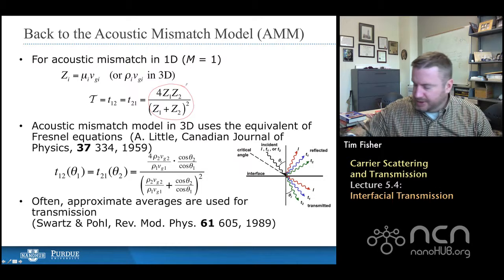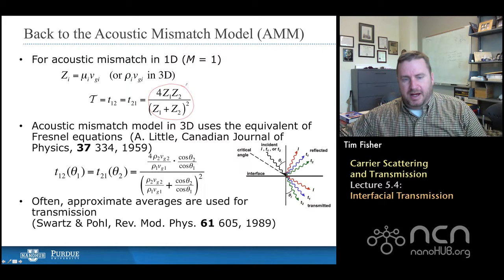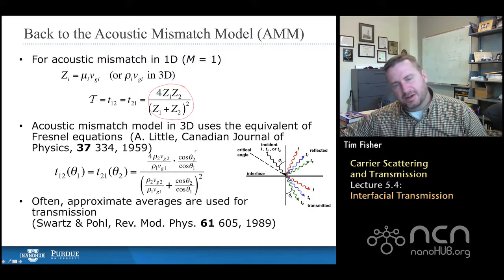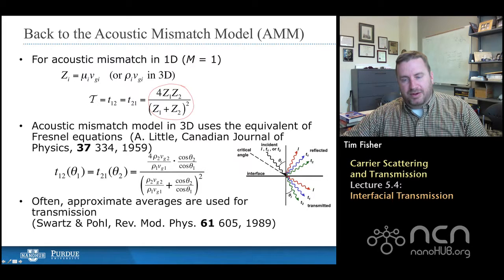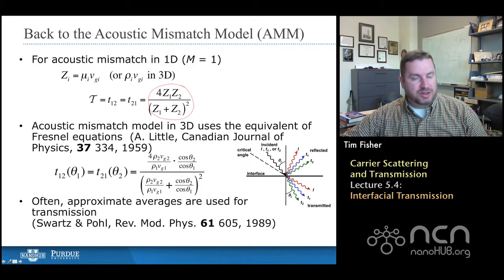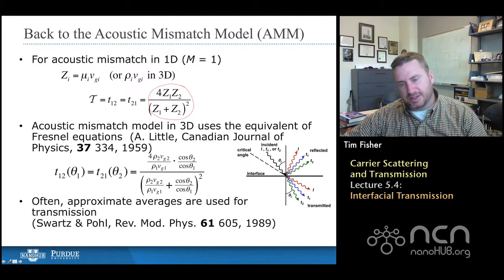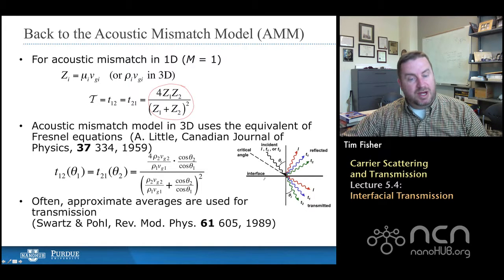Now, the three-dimensional issue is important, and I don't want to trivialize it. In fact, with acoustic mismatch, when you have off-angled or off-normal incidence, which of course most of these carriers will be when they approach an interface, since they won't be coming straight in perpendicularly, then you have to do some geometry, and it gets a little bit complicated, but you have something like the Fresnel equations to handle that.